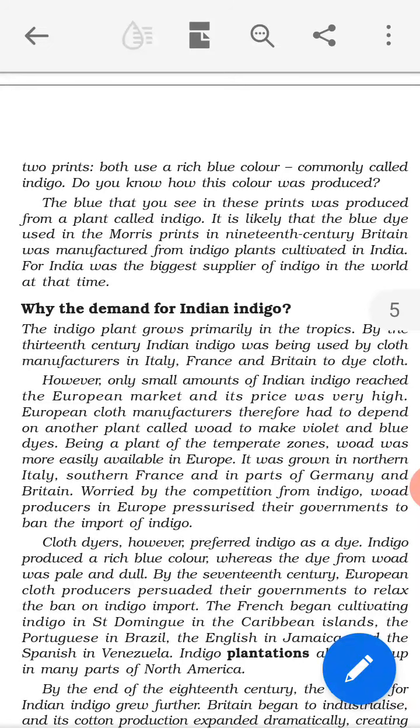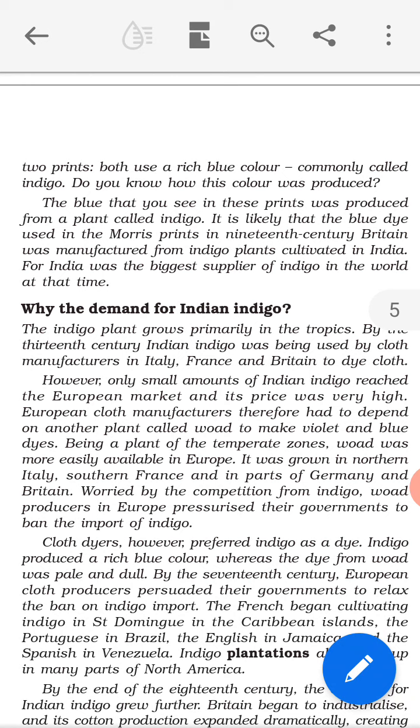Both use a rich blue color. This is one of the common things. In the Kalamkari print, we can see blue color which is used. In the Morris cotton print, blue color is also used. Commonly called blue color, that is commonly called indigo.